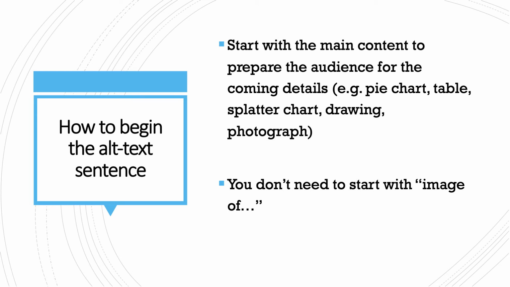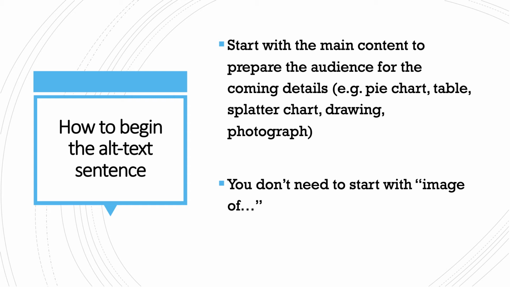Now that we know what kind of image we are going to be using within our document and its purpose within that document, the next step is actually writing the alt text. And how do we begin that? It's important that we help our user or our audience know what kind of information is coming next to situate that information. So sometimes we want to make sure that we give them an indicator of what this content is.